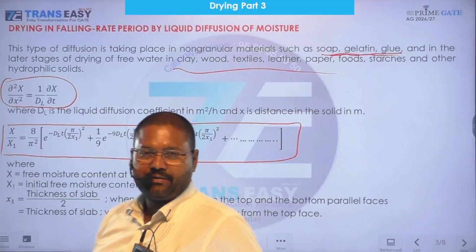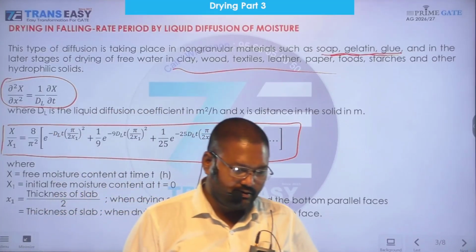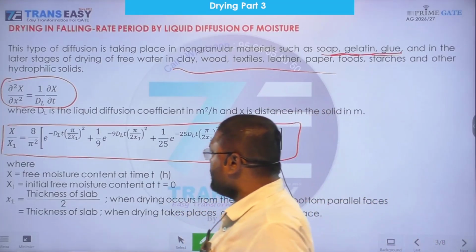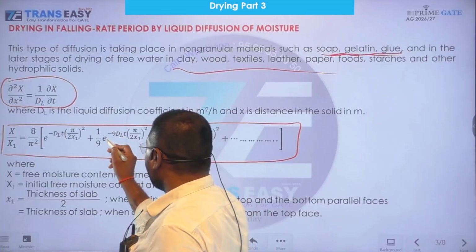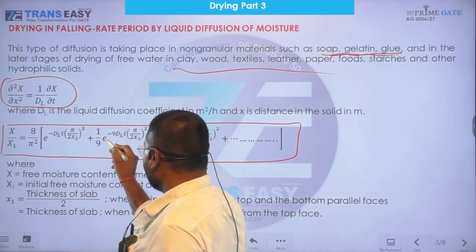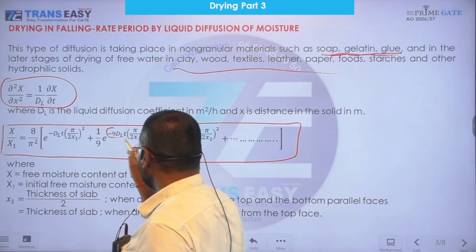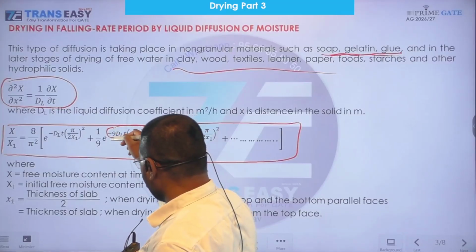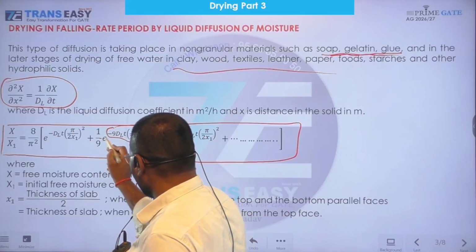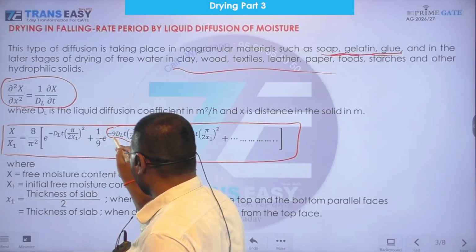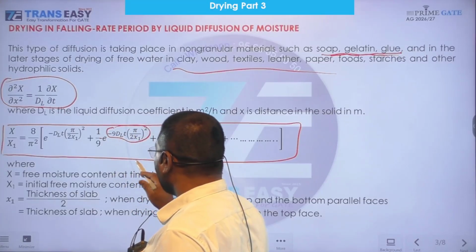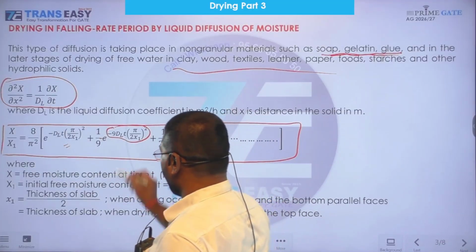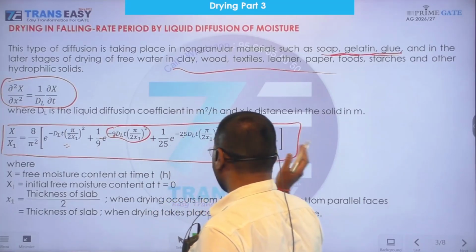For long time drying, if drying time is longer, it means the value of t is higher. If we put a higher value of t in the power of e, you will see a higher negative power. It means it comes in the denominator, e raised to power 9 DL t. So you will get a smaller value as compared to this. Here we have 9, 25, and so on.